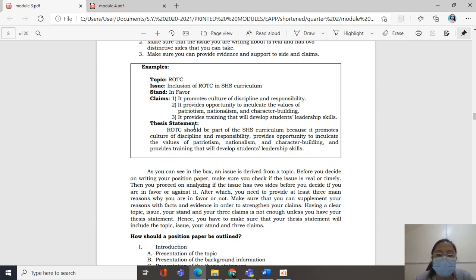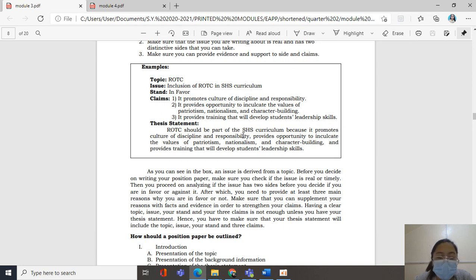Now, what are your claims? So first, you agree with ROTC, because this is just an example, because you think that it promotes a culture of discipline and responsibility. And another claim is you think ROTC will provide opportunity to inculcate the values of patriotism, nationalism, and character building.